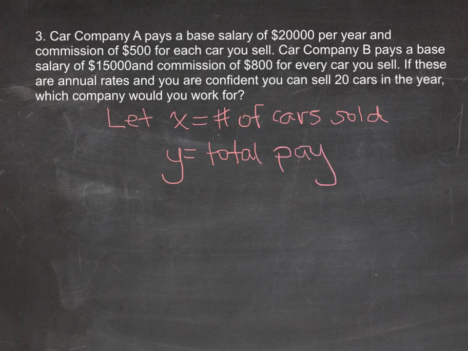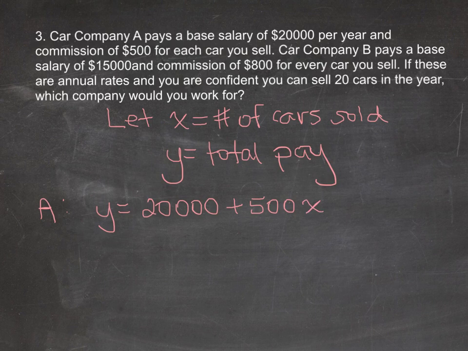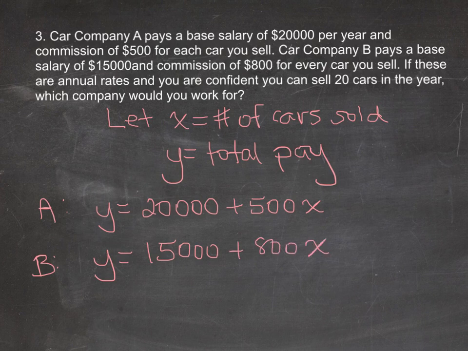Okay, so then for car company A, my total pay is going to be equal to my base salary, so they're going to pay me the $20,000 no matter what, plus $500 for every car that I sell. And then for the other company, my total pay is going to be equal to my base salary of $15,000 plus $800 for every car that I sell.